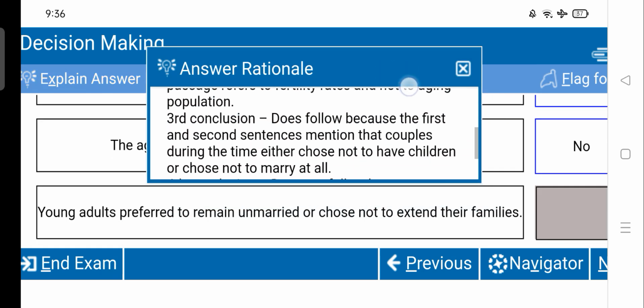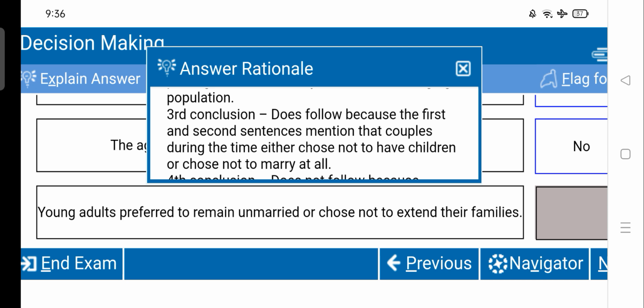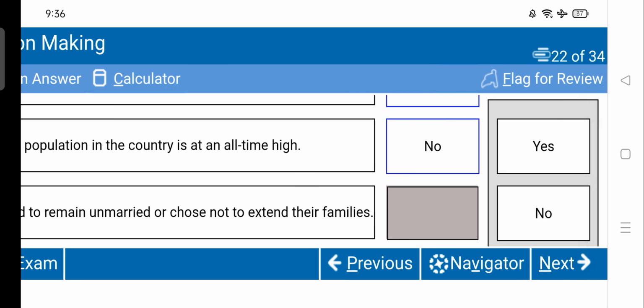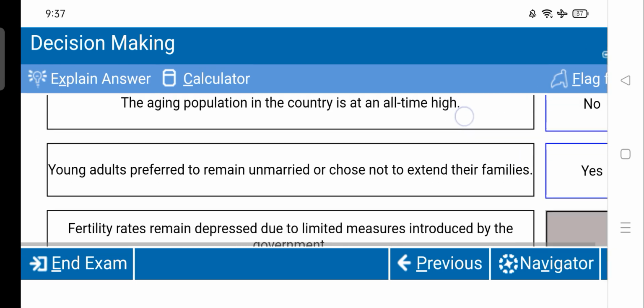Third conclusion, it does follow because the first and second sentences mention that couples during the time either chose not to have children or chose not to marry at all. This one does follow, so we will drag a yes and drop it here in front of this conclusion.